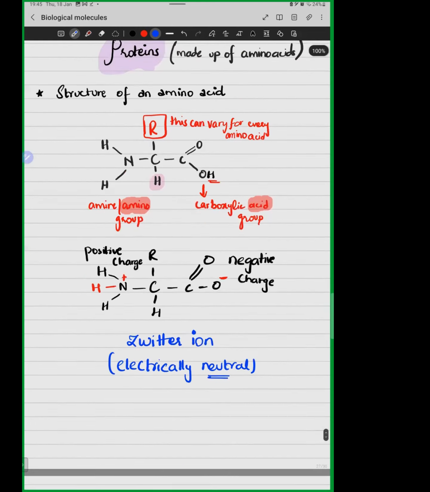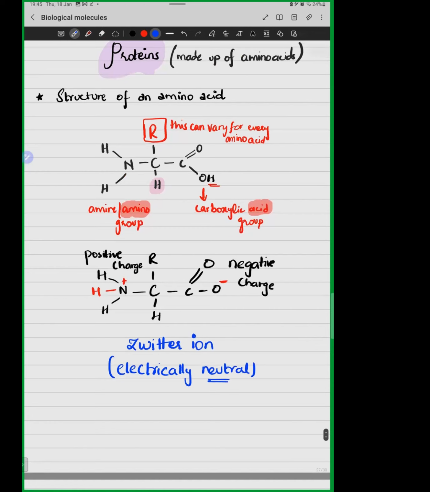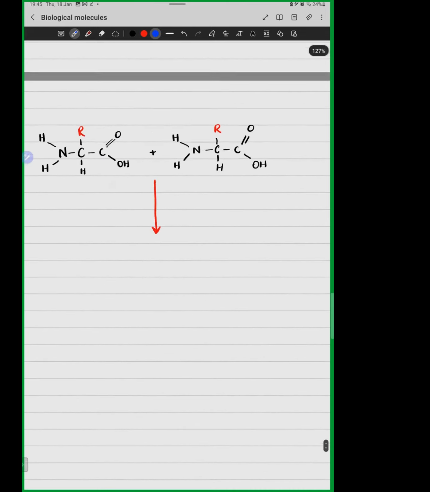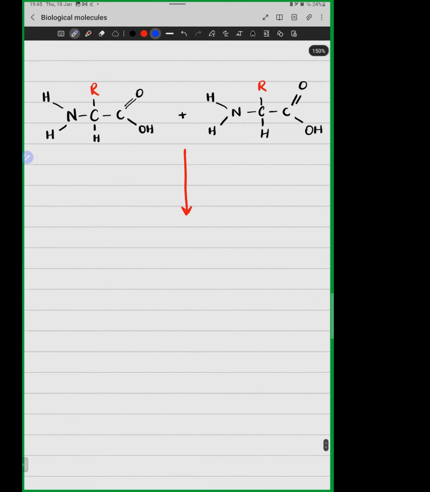Okay, now we know that amino acids are what? They are the building blocks of proteins. So basically हमारे पास जो basic species है या जो basic unit है of protein formation, वो हमारे पास amino acid है. So now amino acids would combine together to form something known as a peptide.